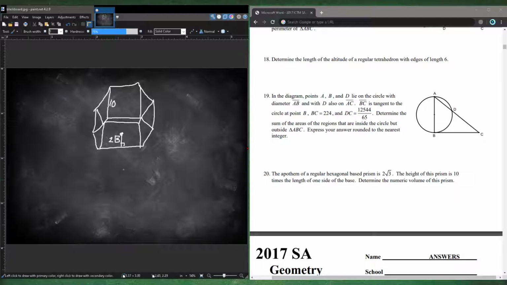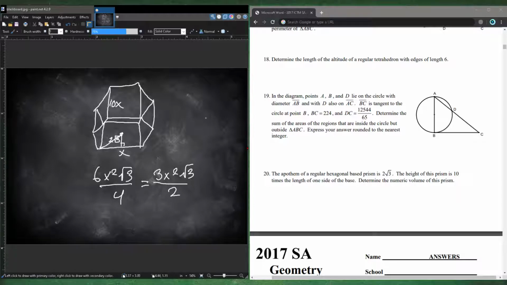So the area of a hexagon is gonna be x squared times square root 3 divided by 4, times 6, because 6 equilateral triangles make one hexagon. So this simplifies to 3x squared square root 3 divided by 2. So what is x? Well, x is our side length, so we need to find that side length. Remember, the height is 10 times the side length of the base, so this is x.